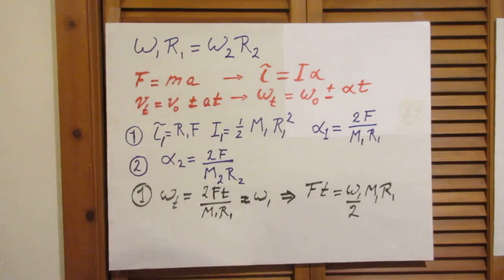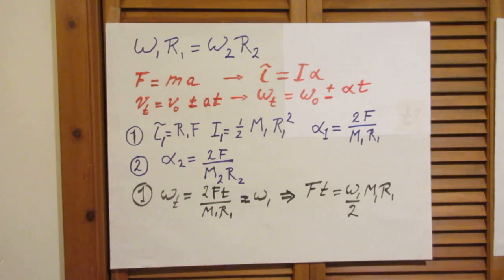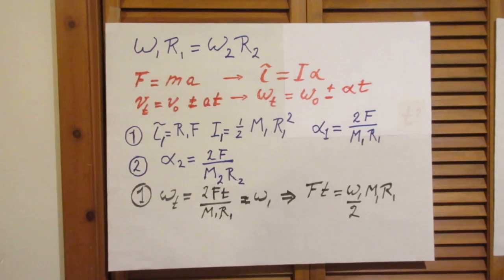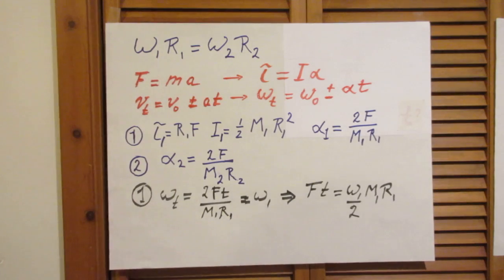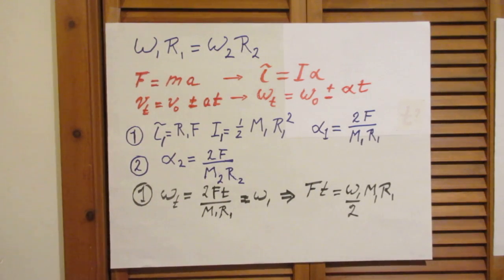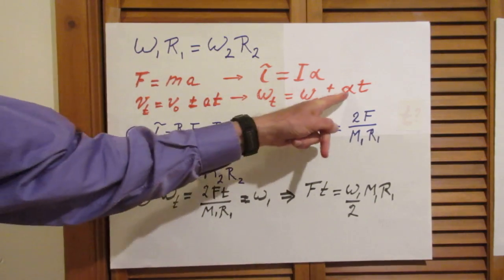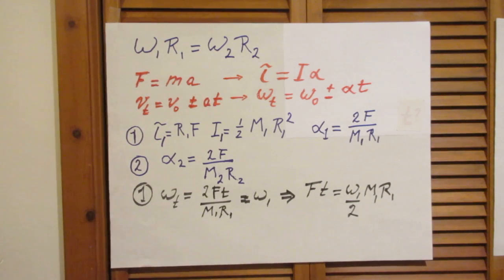Let's now go to disk number 2. For disk number 2, omega 0 is omega, and it is omega in the counterclockwise direction. And it will remain in the counterclockwise direction. It will spin down. So that means that when I use this equation for disk number 2, I have to use for alpha a negative value.